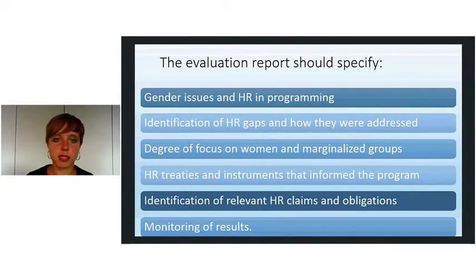Again, all of this comes down to describing the various human rights and gender responsive elements that were incorporated into the program being evaluated. Of course, how much human rights and gender equality consideration is included in the report itself will depend directly on the amount of attention they received during the intervention as well as during the evaluation process.